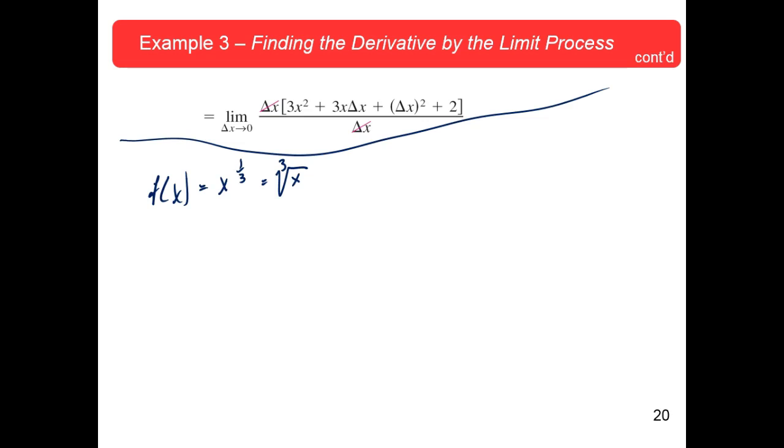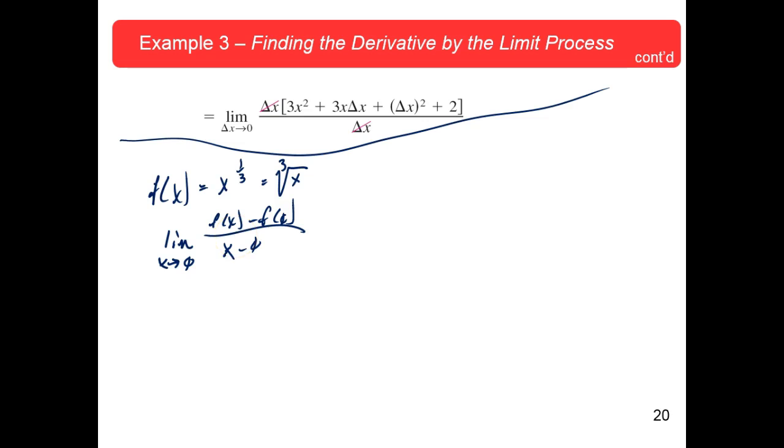The problem comes at x equals 0. Using this notation, 0 is your c. So now we've got the limit as x approaches 0 of f of x minus f of 0 over x minus 0.